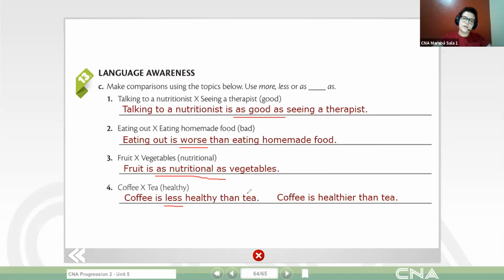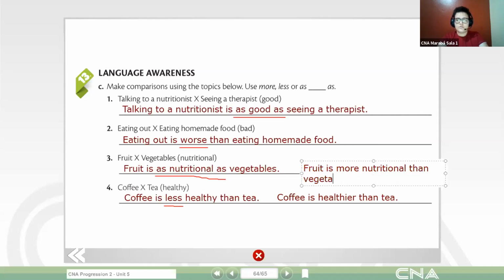Or I could just say that tea is healthier than coffee, but it's the same. And just to write another example, one that is different, I'm going to write here that fruit is more nutritional than vegetables. So here we have all the kinds of comparatives.